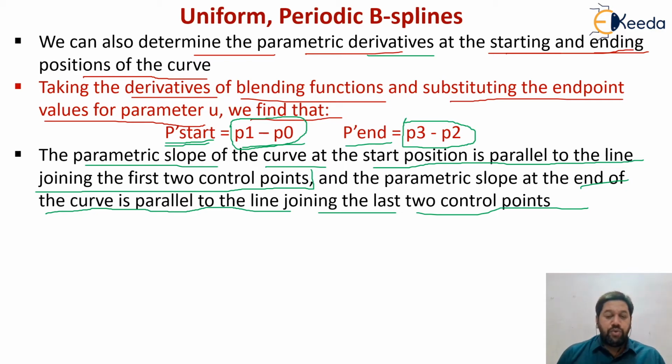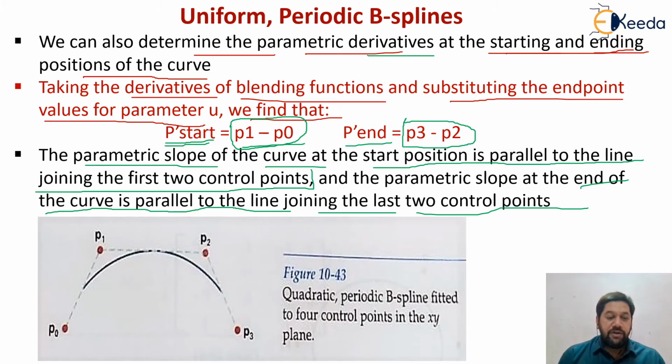Now, due to this difference, how will my B-spline curve look? Let us understand this diagram. I want everybody to concentrate on the diagram. This is a quadratic periodic B-spline fitted to 4 control points in the XY plane. But what is the difference here? I have not mentioned that the starting point is P0.